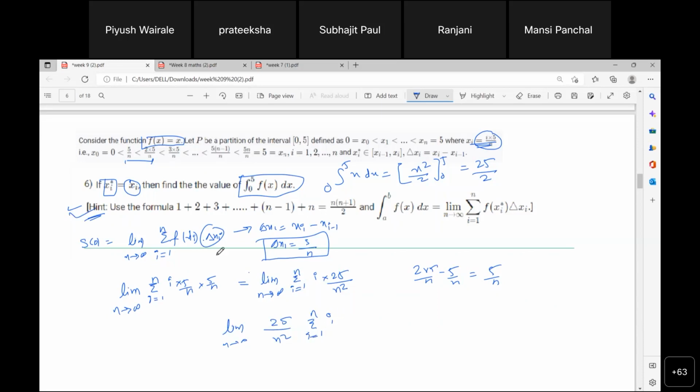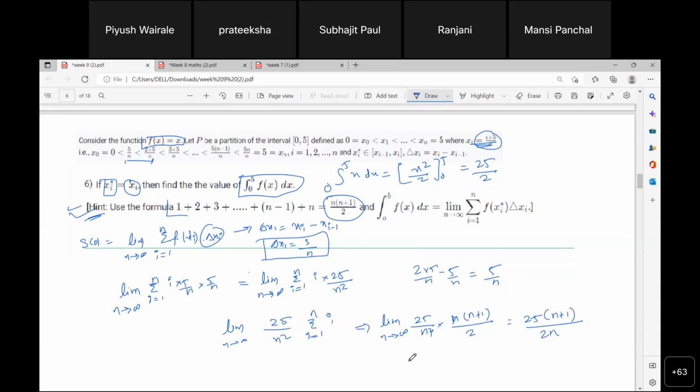The summation of i from 1 to n is basically 1 plus 2 plus 3 and so on. So I can write the limit as n tends to infinity of 25 upon n square into n into n plus 1 by 2. I can cancel out n, so what I will get is 25 times n plus 1 upon twice n.